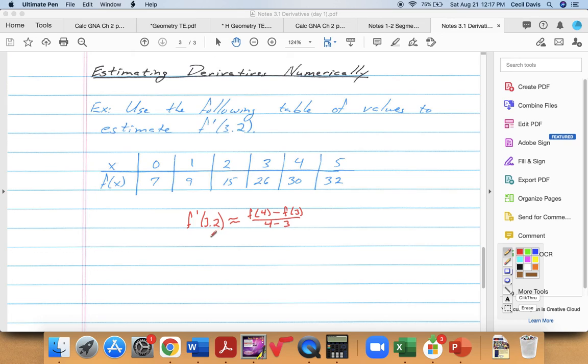So the instantaneous rate of change at 3.2 should be somewhere nearby. So that's going to be 30 minus 26 over 4 minus 3. That's 4 over 1, which is 4. And that's a very crude estimate, but it's the best we can do for this particular problem.